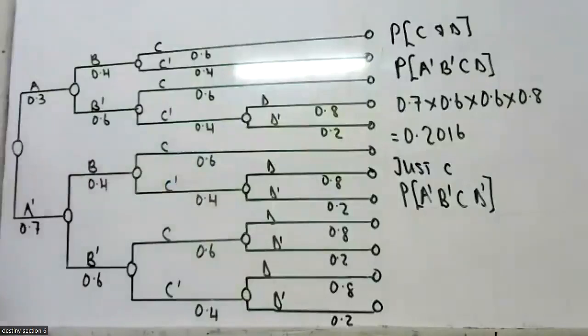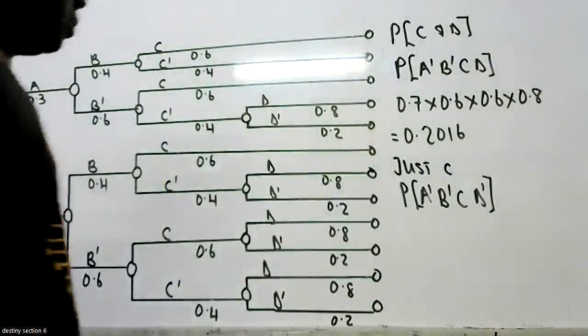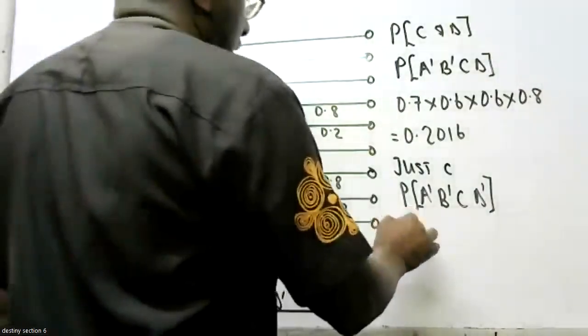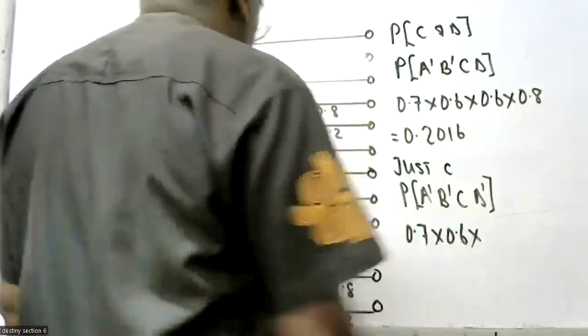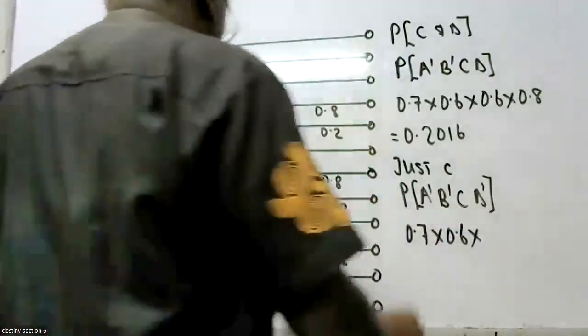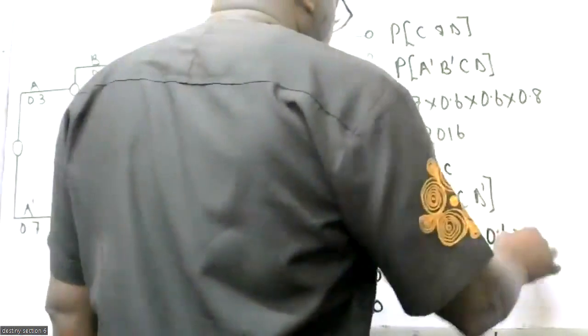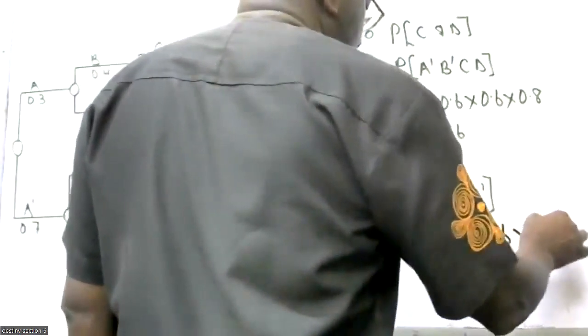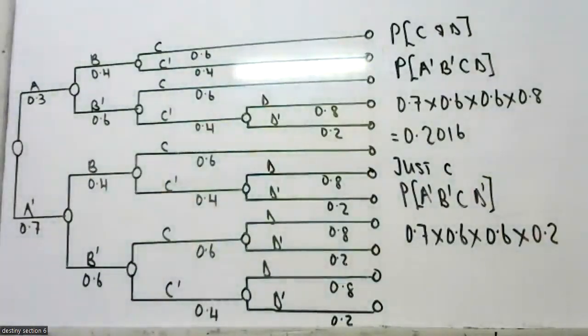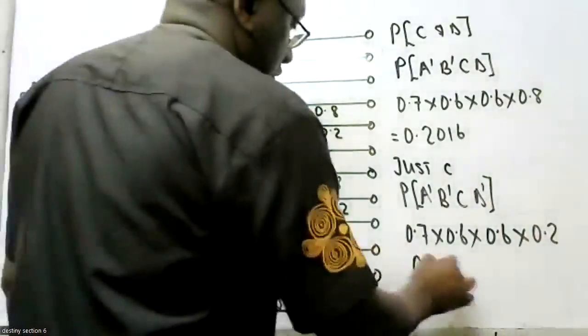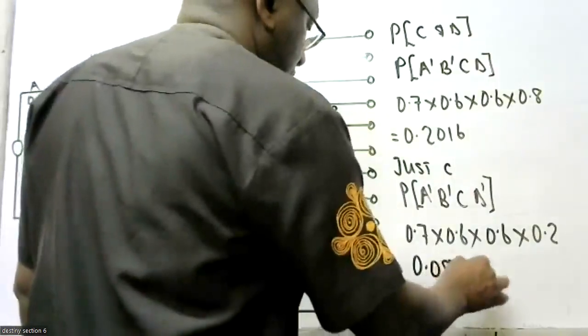D. You also missed D. So the probability of missing A is 0.7, B is 0.6, getting C is 0.6, and missing D is 0.2. That gives 0.0504.